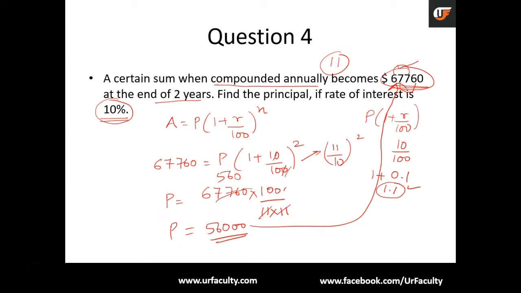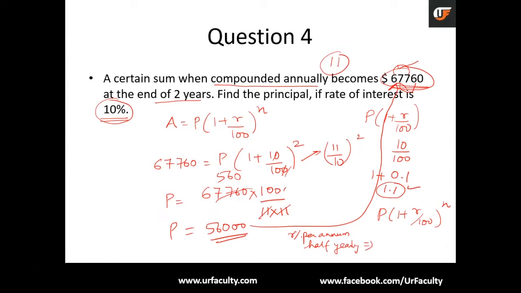Now, moving on, one important concept that needs to be understood in these cases is when it is compounded annually. We did this problem at P into 1 plus R by 100 power n. What if they say the rate of interest is per annum, but compounded half yearly?